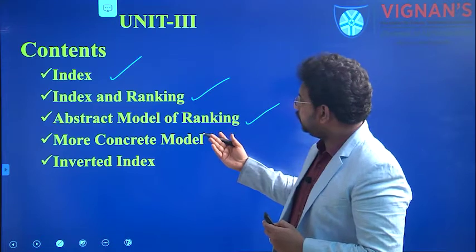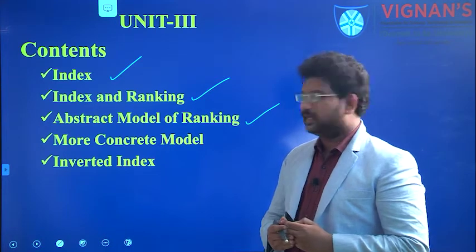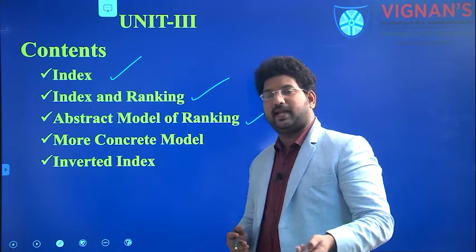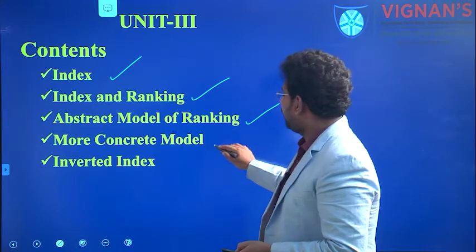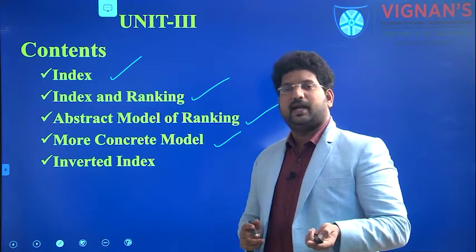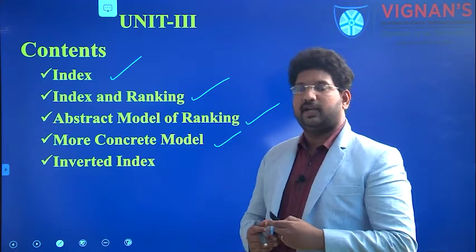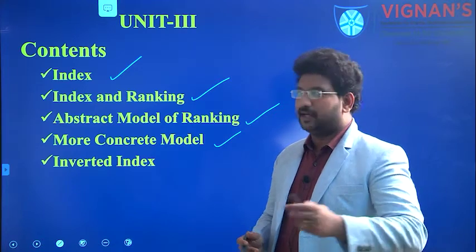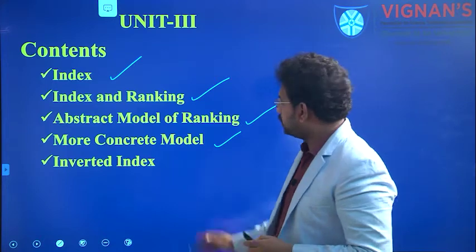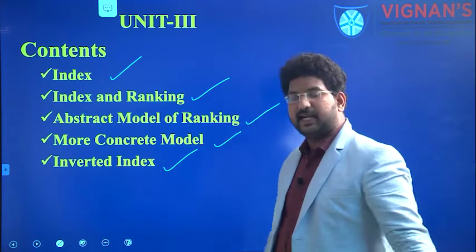In continuation of the abstract model of ranking, a more concrete ranking model is also going to be discussed by considering an example and finding the document score from both the query end and the document end, and finally calculating the document score. And finally we are going to discuss inverted index in a very detailed manner.